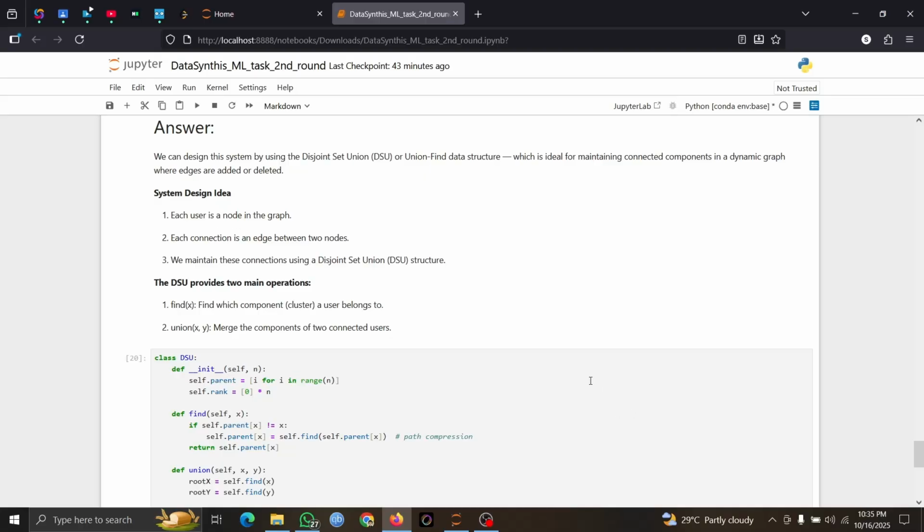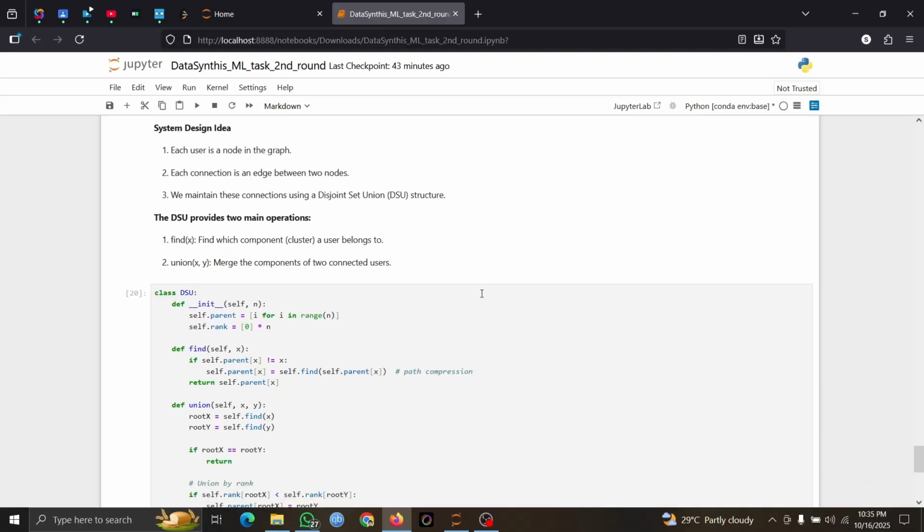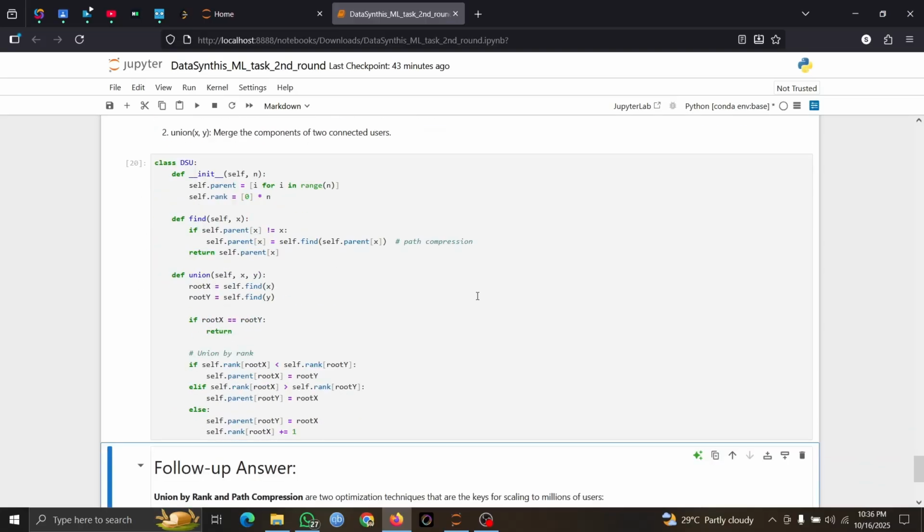The idea here is that each user is a node in the graph and each connection is an edge between two nodes, and we maintain these connections using the DSU structure. The DSU performs two major operations, which are find and union.